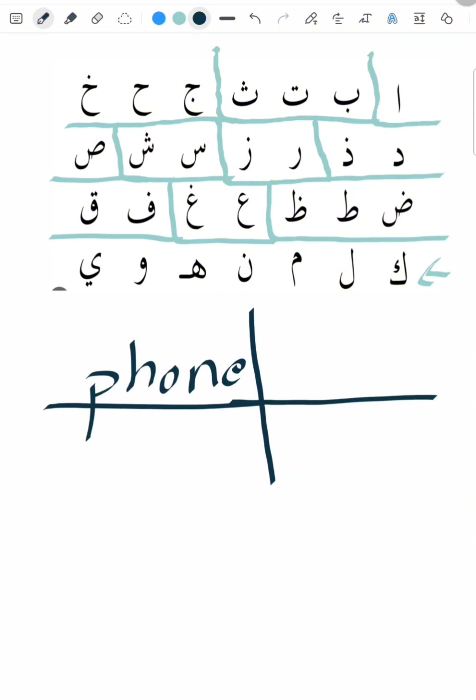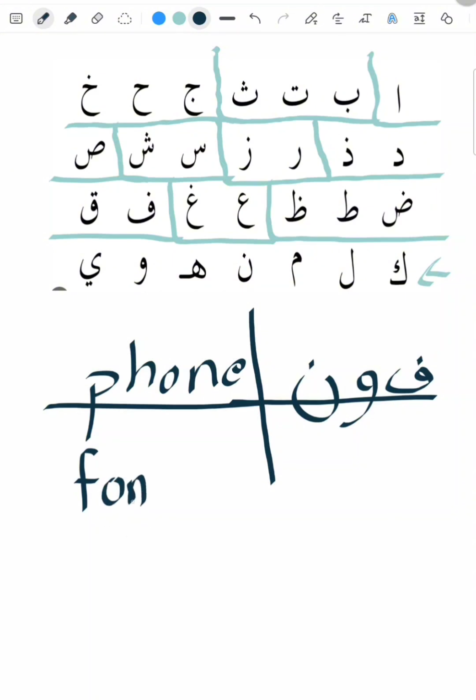Phone, break it down. This guy here. Why does my handwriting suck? Phone, oh wow. Three letters. It sounds like you're saying phone.